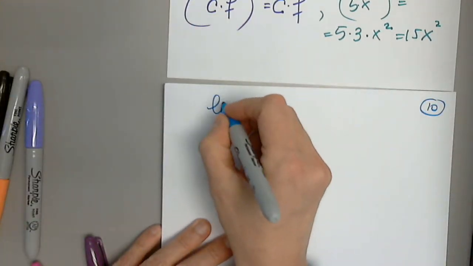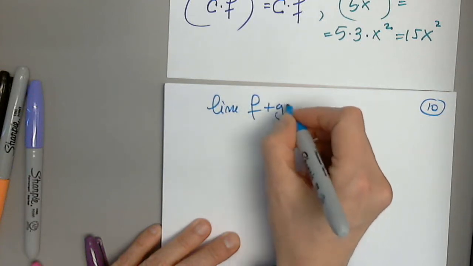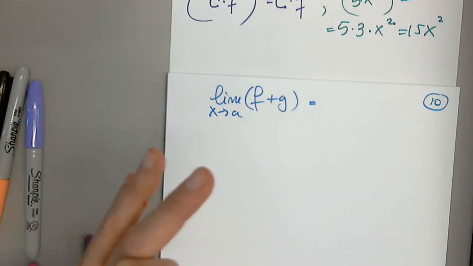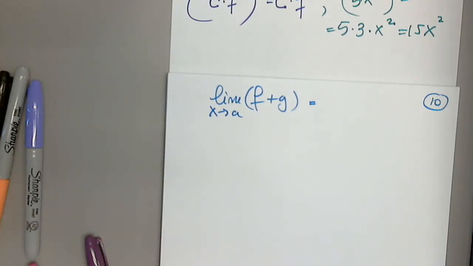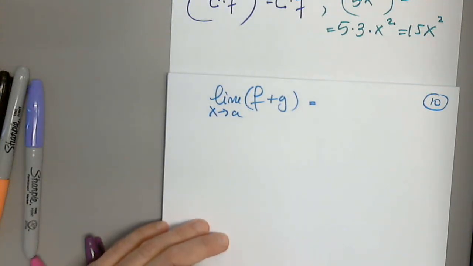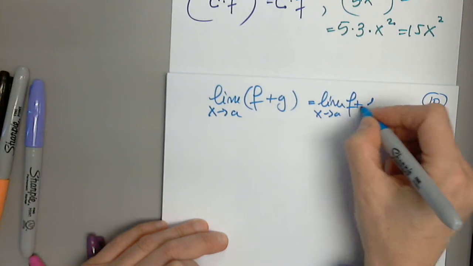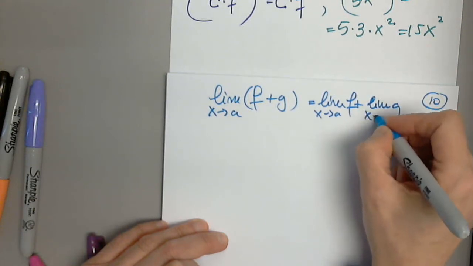do you remember this limit law? Assuming that the limit of f and the limit of g exist, and they are whatever number, what will this equal to? Assuming the conditions are fulfilled. Very good.